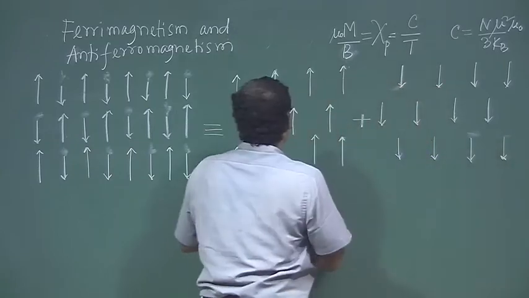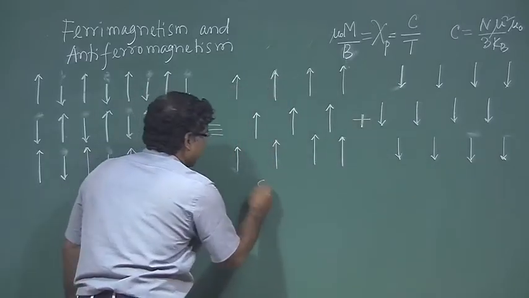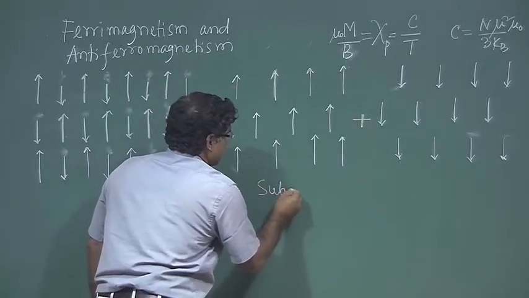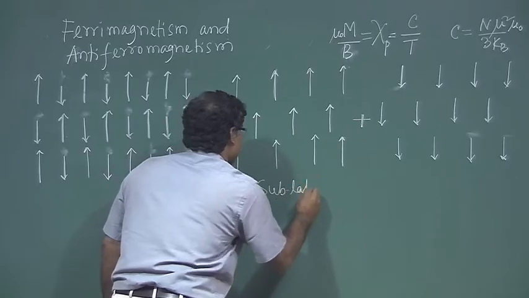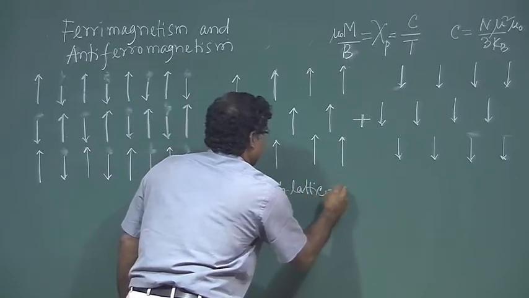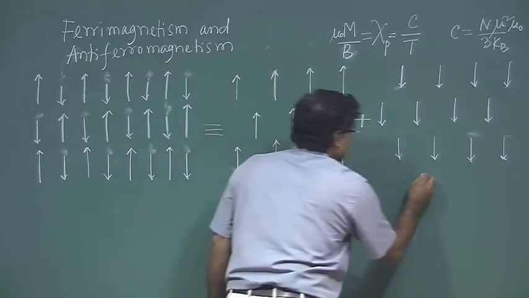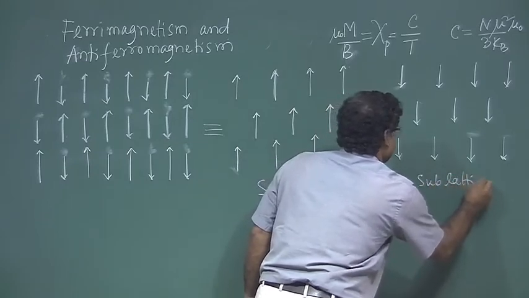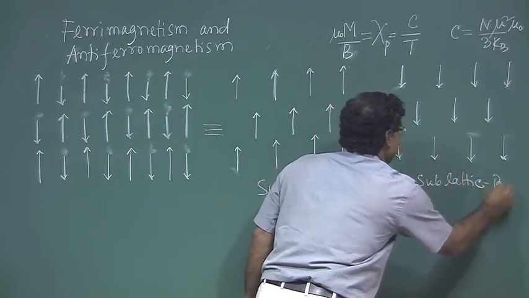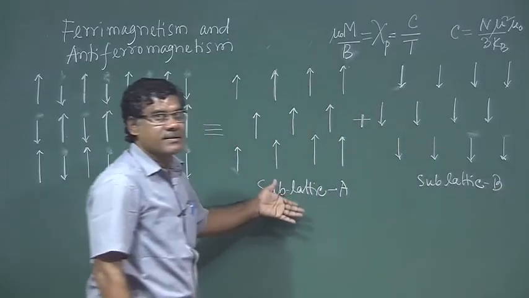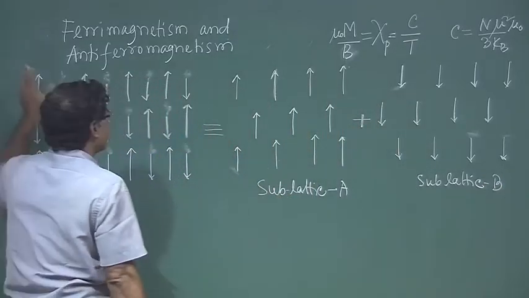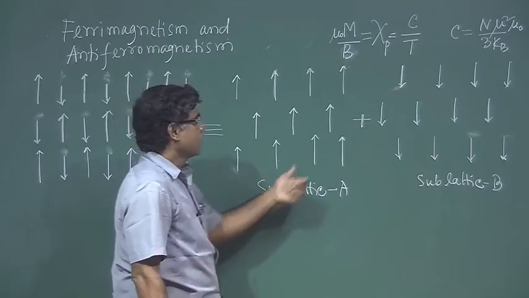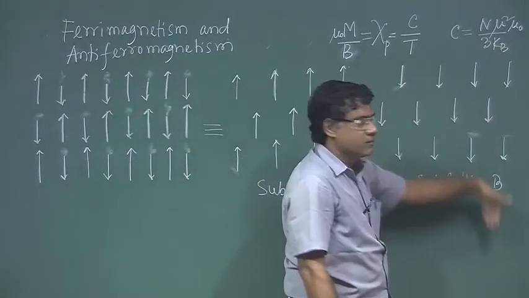Okay. So, if we call this sublattice A and this sublattice B, on the A side the spin is up and on the B side the spin is down.